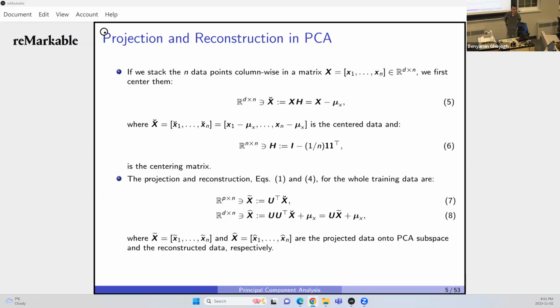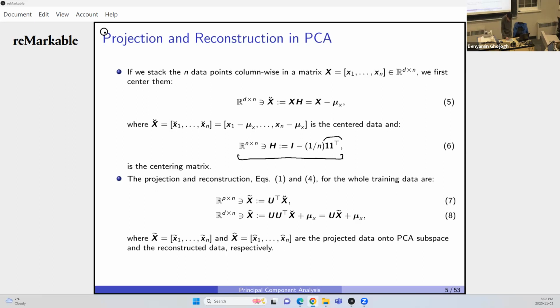Did I talk about the centering matrix in the preliminaries? I think I talked about it. You remember? So we can use the centering matrix H, which is defined as this. Recall preliminaries: identity minus 1 over n, 1 1 transpose.